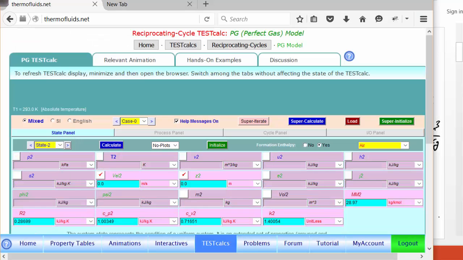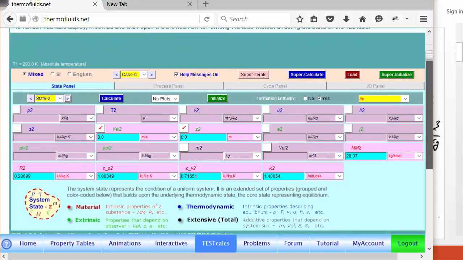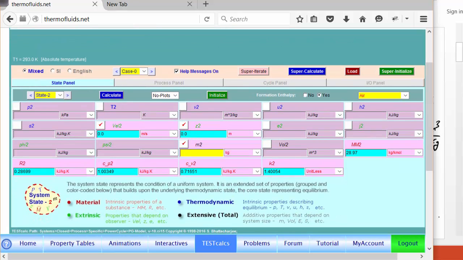So we go to state 2. Mass is the same. Volume is volume 1 divided by 20. Notice mass and volume will give us specific volume, so we could write specific volume to be 1/20th.